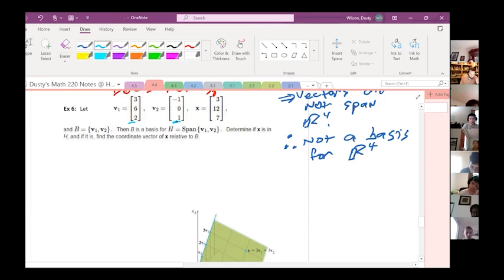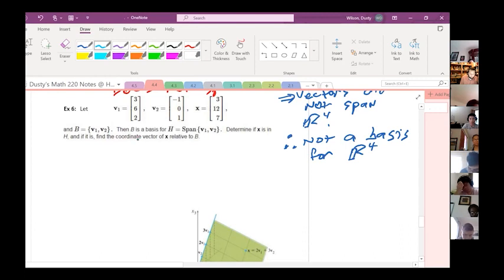They're not on the same line, if you will. So we can just observe that V1 and V2 are linearly independent. When there's 2 things, you can just see whether they're linearly independent or not. If there's 3, you're going to have to work a little bit harder.